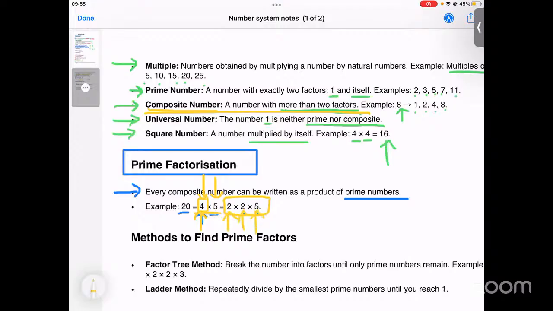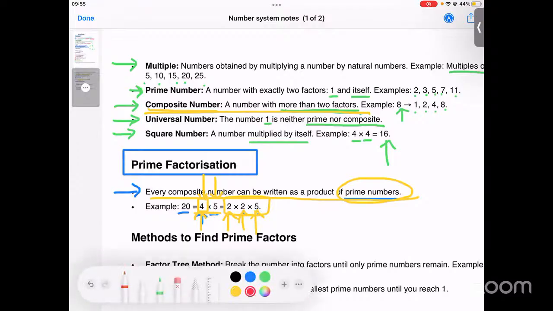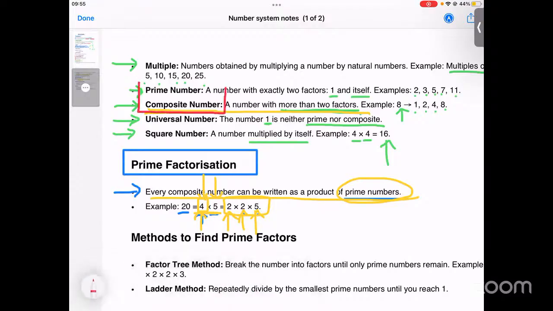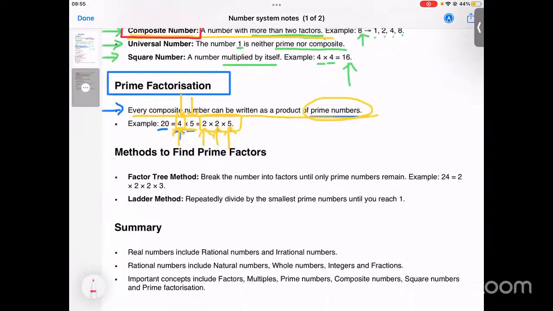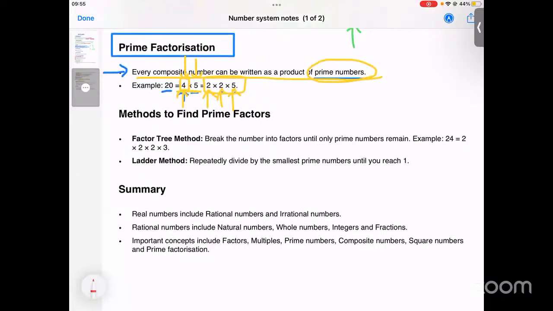That's what they mean when they say every composite number can be written as a product of prime numbers. We want to break it down into prime numbers and not a combination of prime and composite numbers. Very much important, honorable members. So can you see these two are very much important? We will look into those maybe at a later stage or as we continue with upcoming lessons.